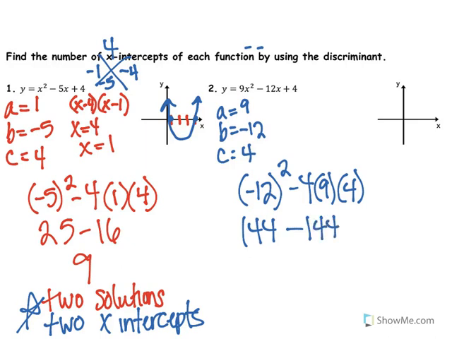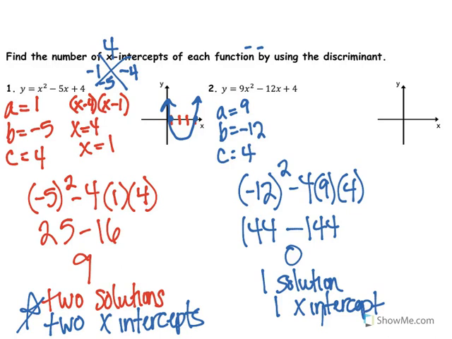Okay. 0. 0 means? What does it say? One solution. 1 solution. 1 x-intercept.